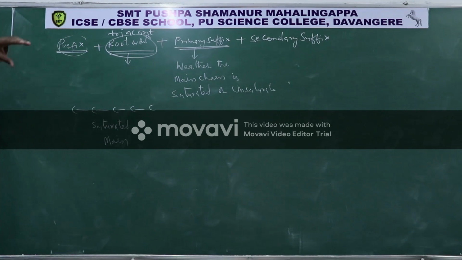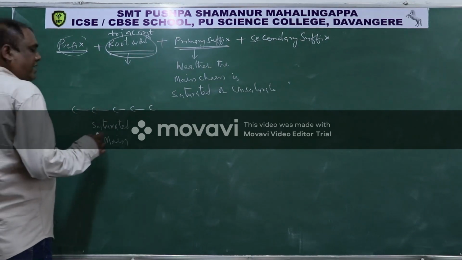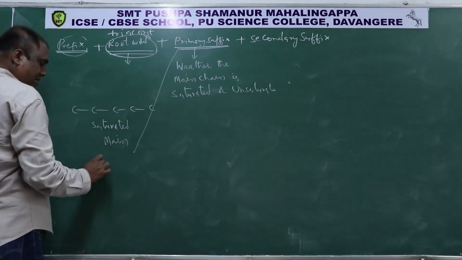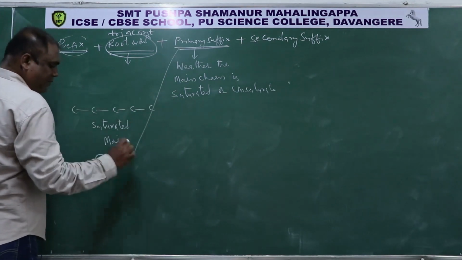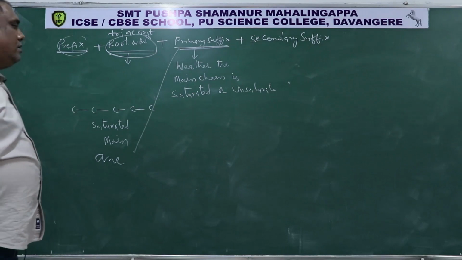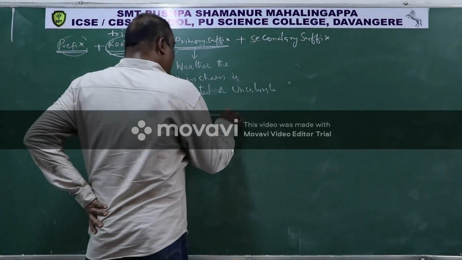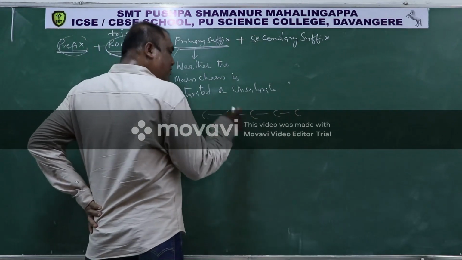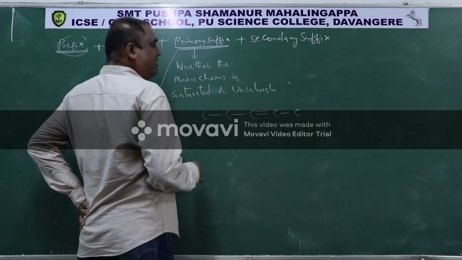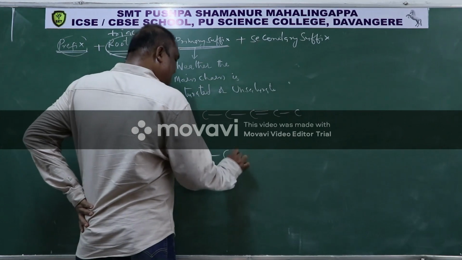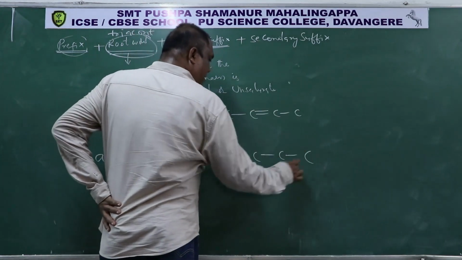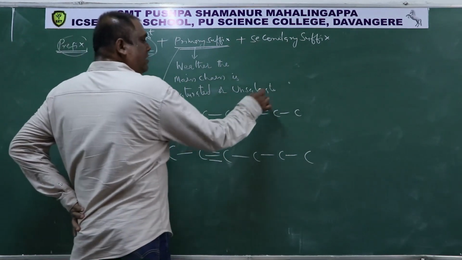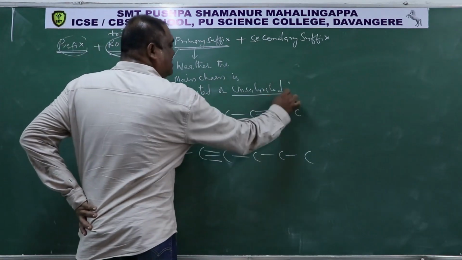So like this, if all single bonds are there, then the primary suffix for this is written as "an". Now, in the main chain, everywhere single bond is there. If at some place there is a double bond, or at some place if there is a triple bond, then we say that the main chain is unsaturated.